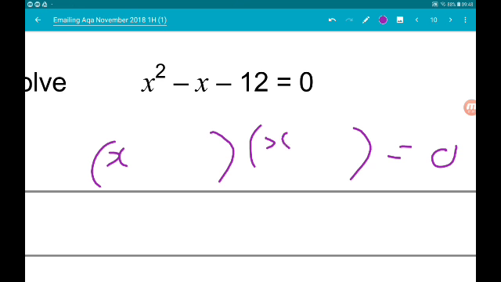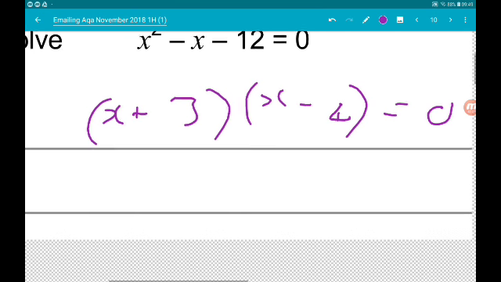Now the two numbers need to multiply to minus 12. Now that tells us then that one number is positive and one number is negative. Now these two numbers then need to add together to minus 1. So the numbers that are going to do that is positive 3 and minus 4. Minus 4 times 3 is minus 12. Minus 4 and 3 is minus 1.